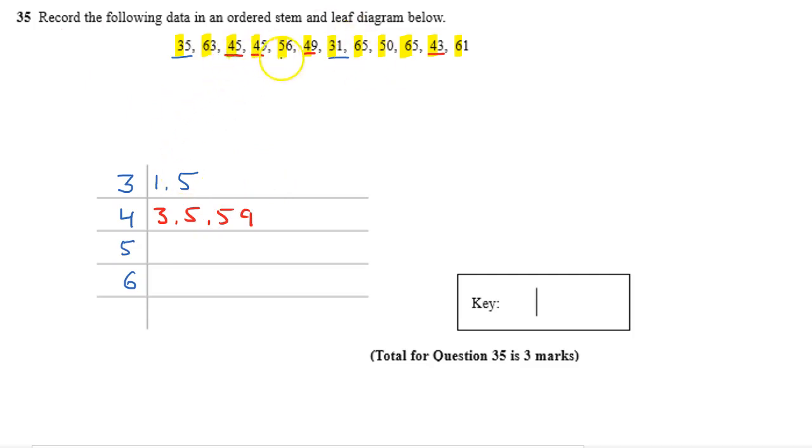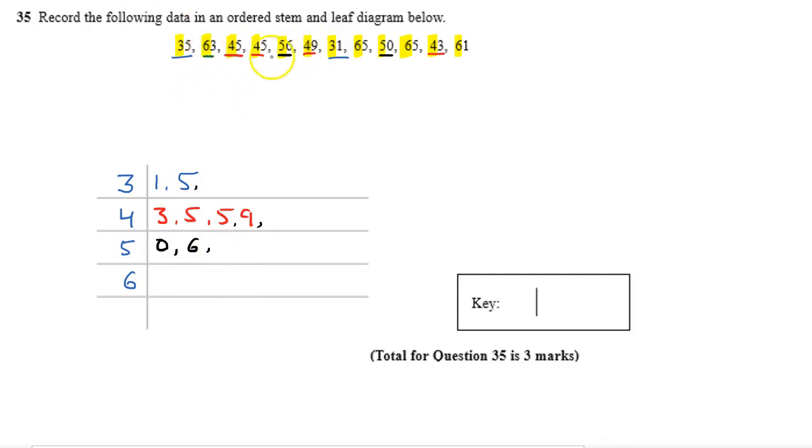Now we have 5. For 5 we have only 2 numbers, 56 and 50, so 0 and 6. Now 6.